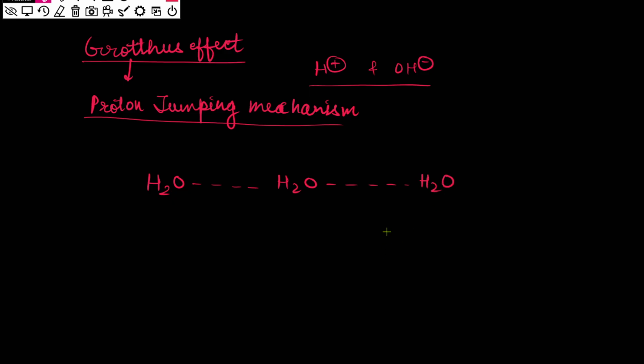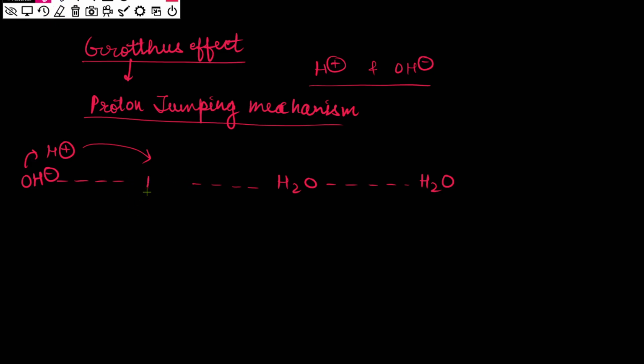Now what happens is that suppose here was one of our H2O. This H2O releases its proton and now this H2O becomes OH minus. This H plus so released will move here and this will now convert itself into H3O plus.